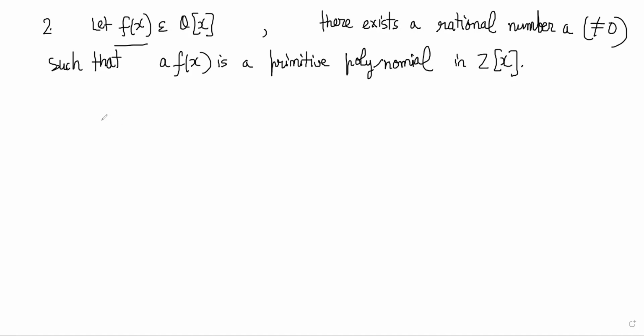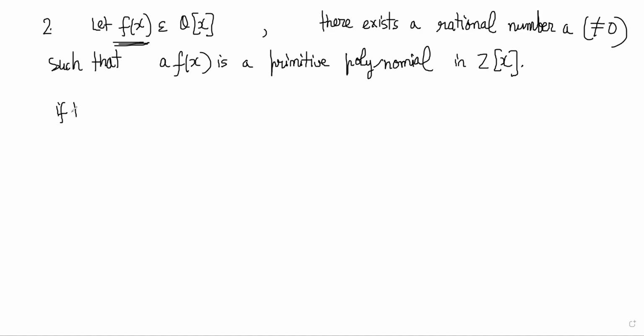So what does this mean? That any rational polynomial you can take and you can find a rational number, so that when you multiply it with that rational polynomial, you will end up getting a primitive polynomial in Z[x], right?